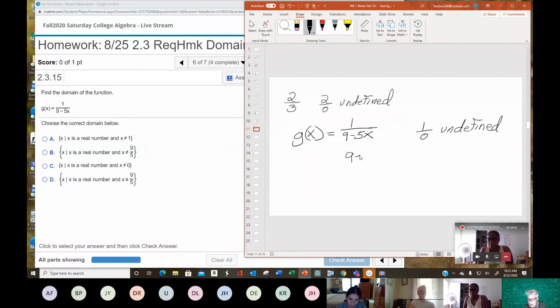So 9 minus 5x equals 0 is what we have to stop from happening. So we're going to solve that little equation to find out what x makes 9 minus 5x equals 0.